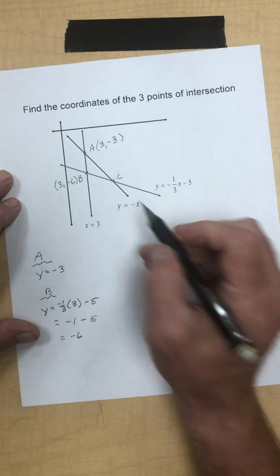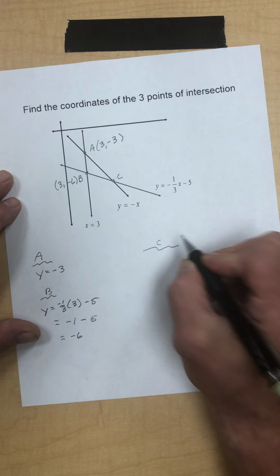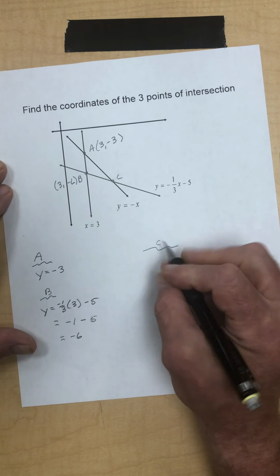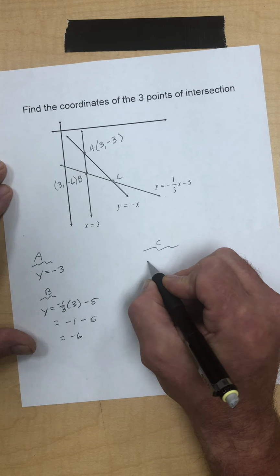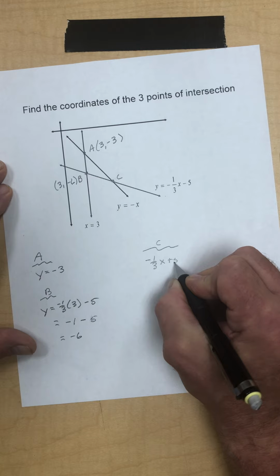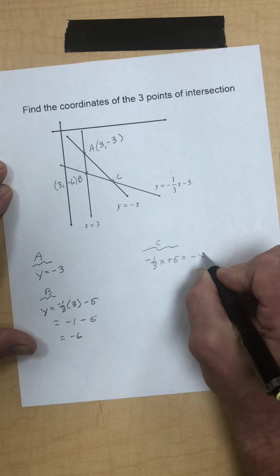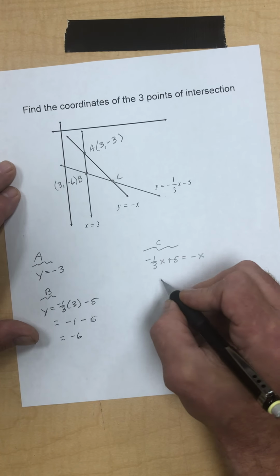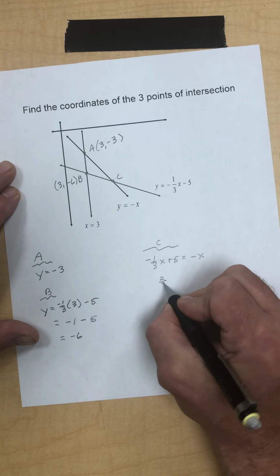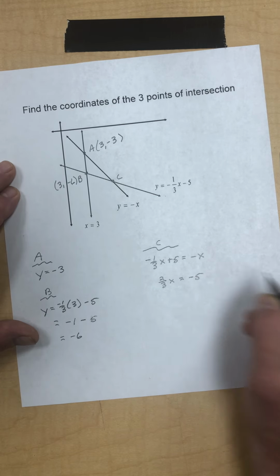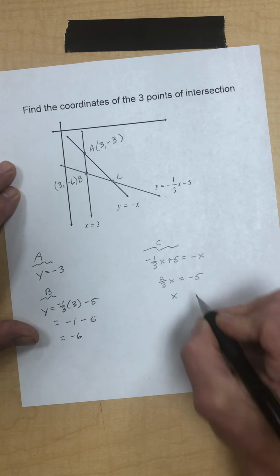Then we come down here, C. That happens when these two lines intersect. So I get negative 1/3 x plus 5 equals negative x. I'm going to add x to both sides, so that'll give me 2/3 x, and then move the 5 over to the other side, negative 5, and then I just have to divide.